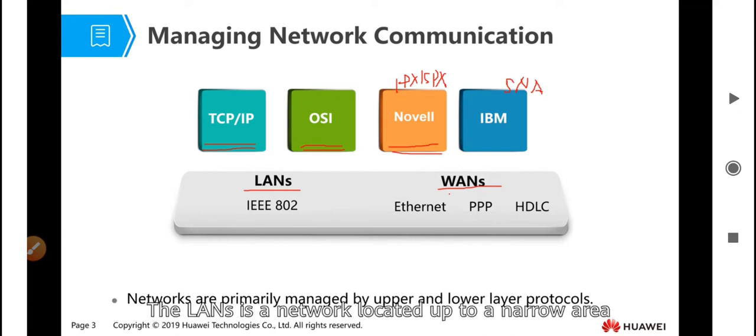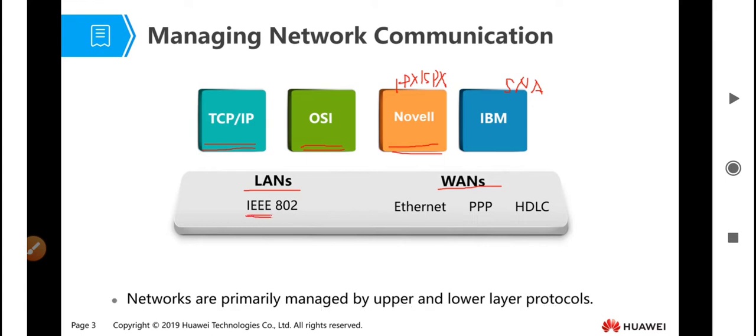A LAN is a network located in a narrow area, in a campus. A wide area network can extend to a long distance, from some kilometers to thousands of kilometers away. And the LAN standard is usually specified by the IEEE.